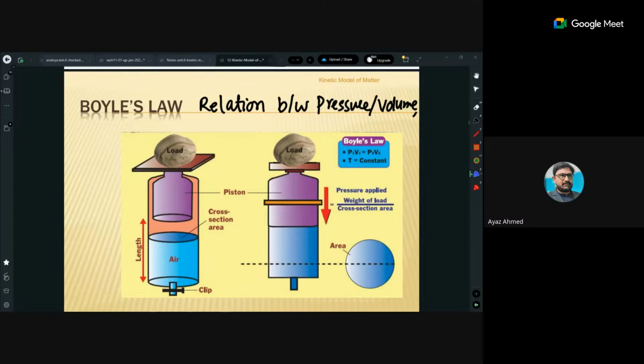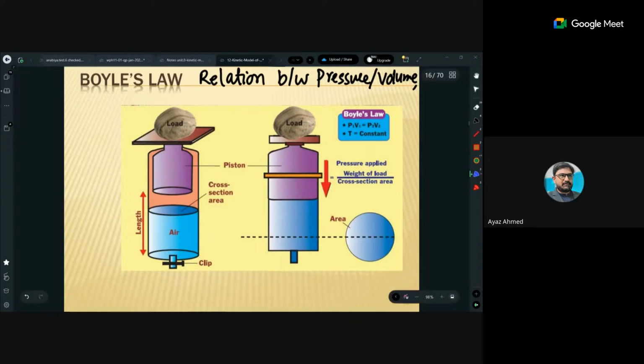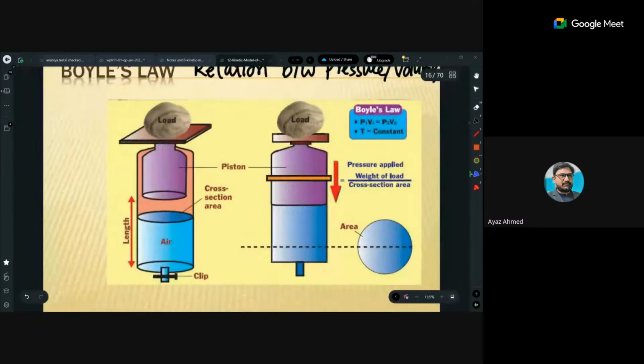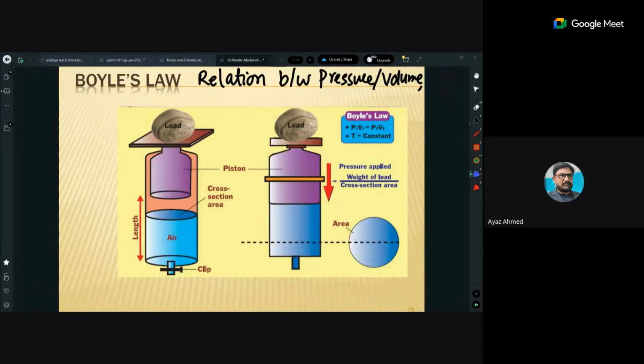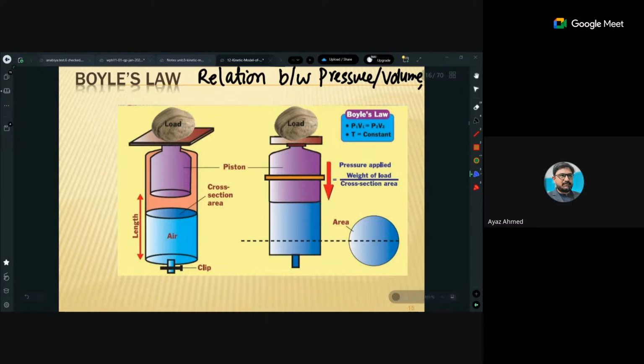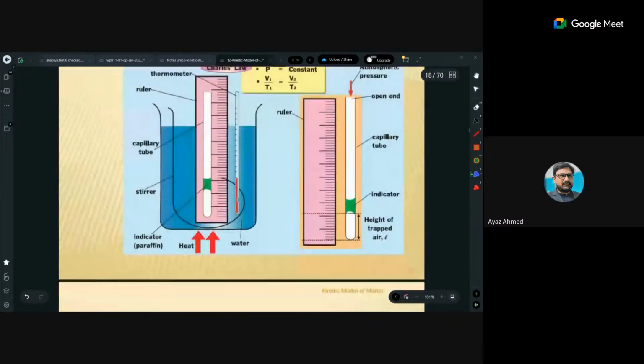When you put more weight on it, the air will be trapped inside, and the pressure will increase and the volume will decrease.